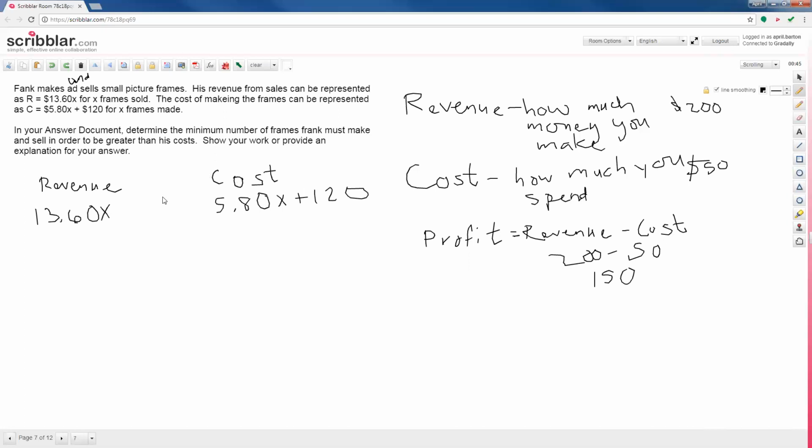Determine how many frames, the minimum number, the smallest possible that Frank must make, so his revenue is bigger than cost. I want the revenue number to be bigger than cost.